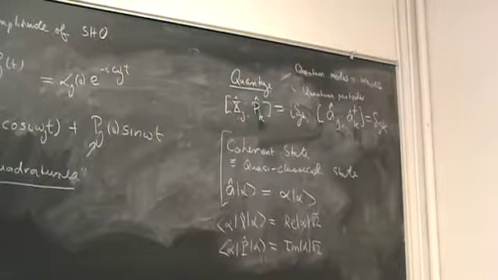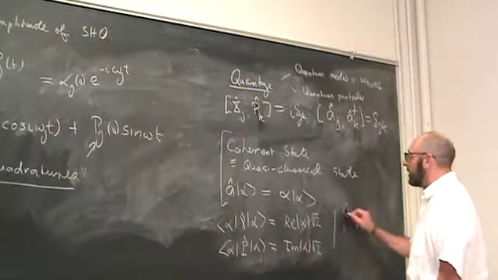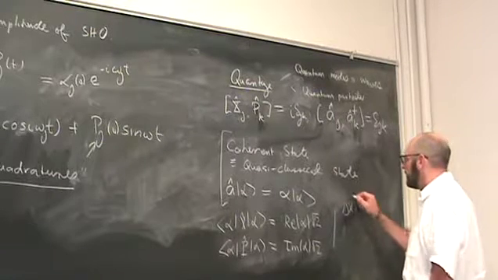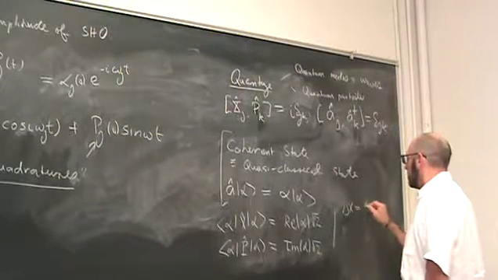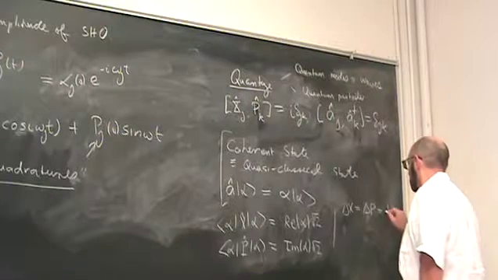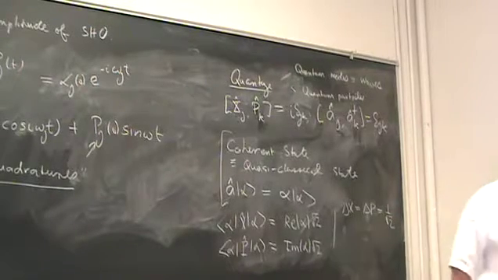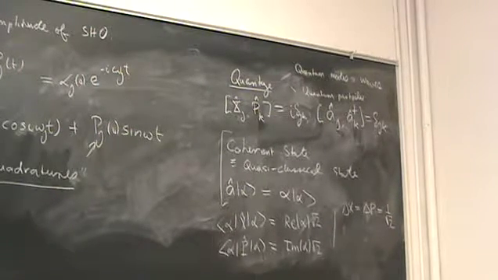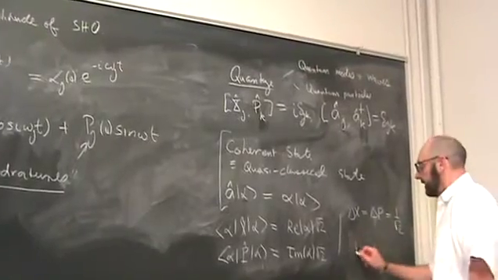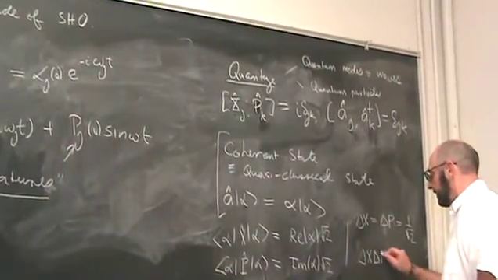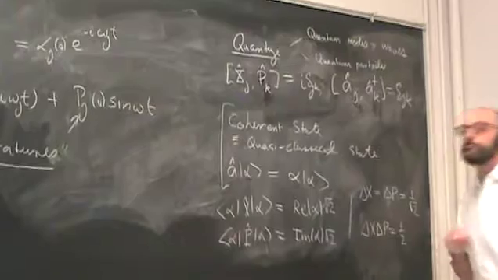And moreover, they have simultaneously the minimum uncertainty in x and p, equally distributed, such that this satisfies the minimum uncertainty.